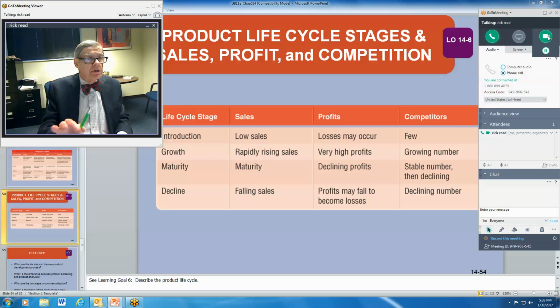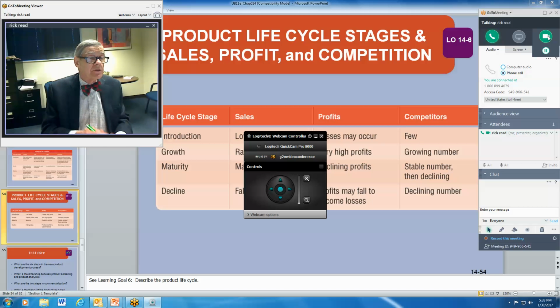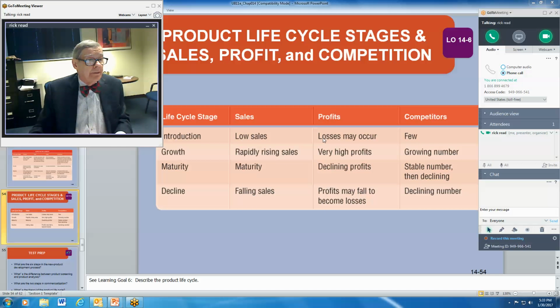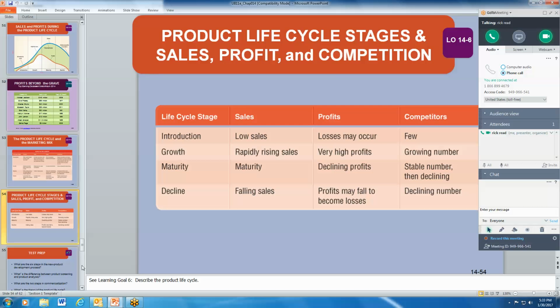Where in a maturity stage, notice it talks about declining profits. And I tell you, that doesn't always follow through, especially with the Tide example that I used. But you have a stable number of competitors, and you may have competitors that drop out simply because they don't want to stay there. It's not cost effective for them to stay at that area.